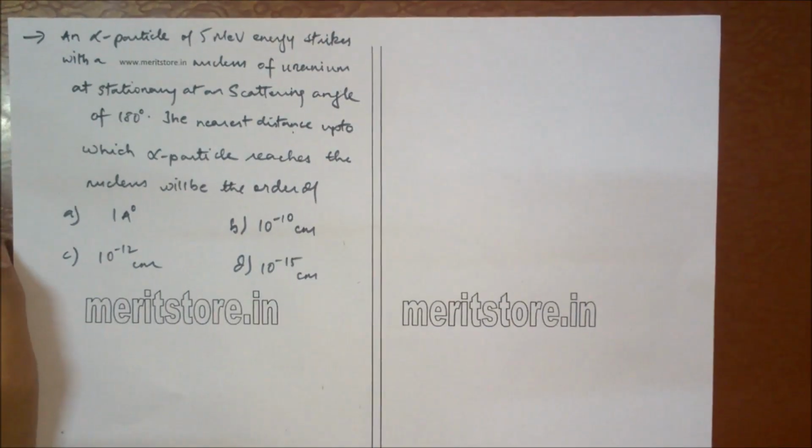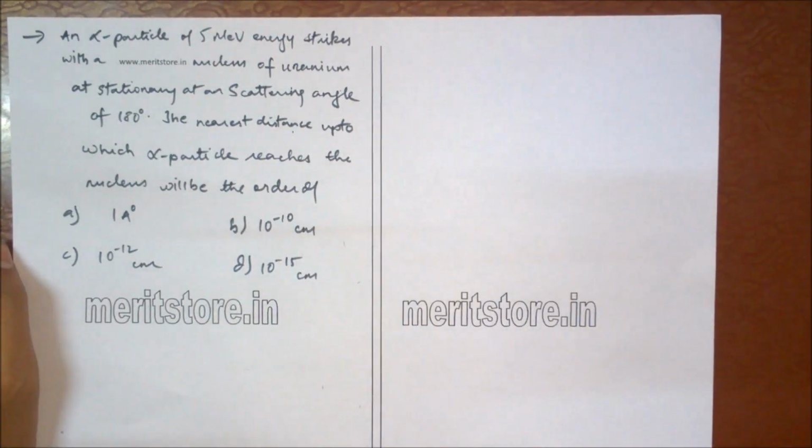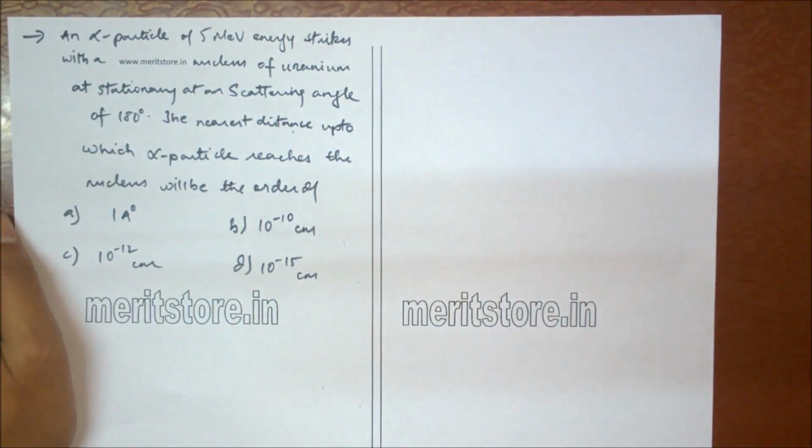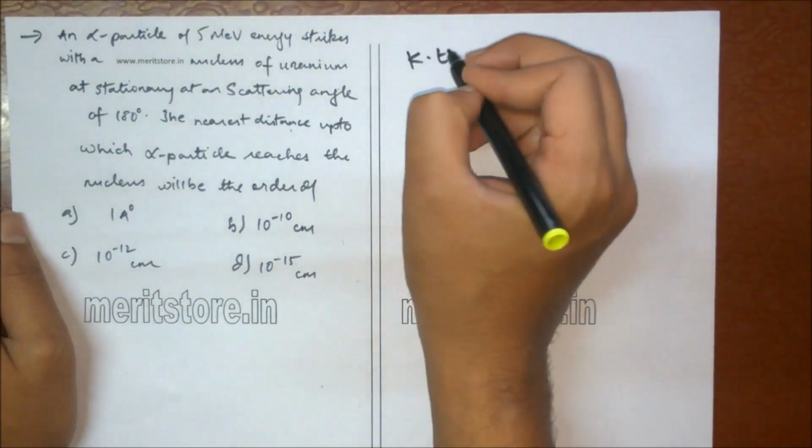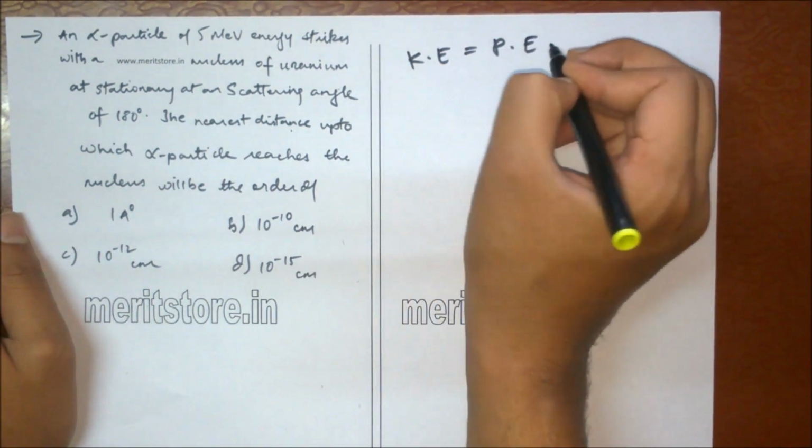An alpha particle of 5 mega electron volt energy strikes a stationary nucleus of uranium at a scattering angle of 180 degrees. The nearest distance up to which the alpha particle reaches the nucleus will be of the order of? At the closest distance of approach, kinetic energy is equal to potential energy.